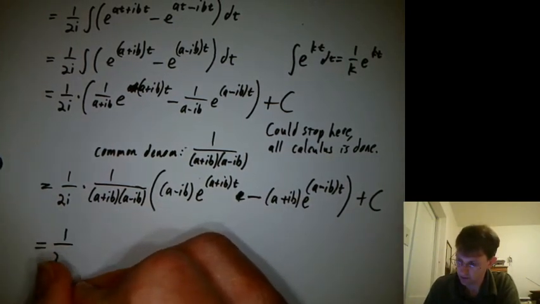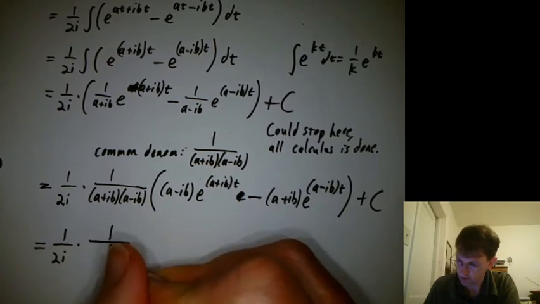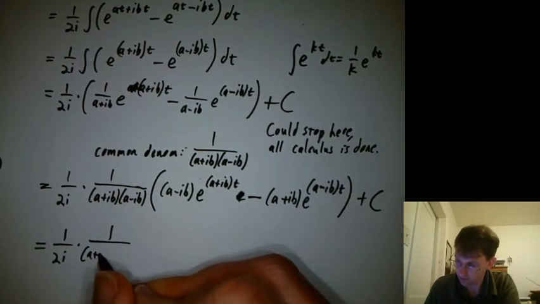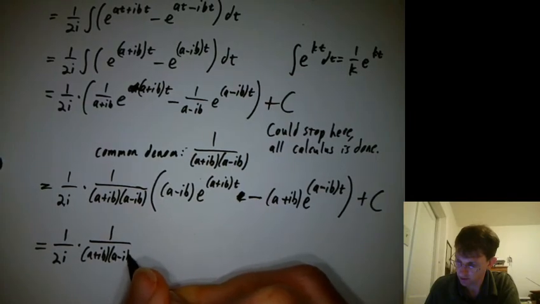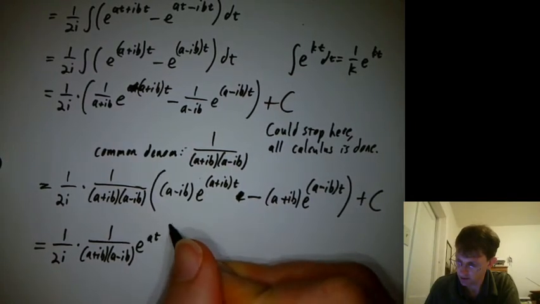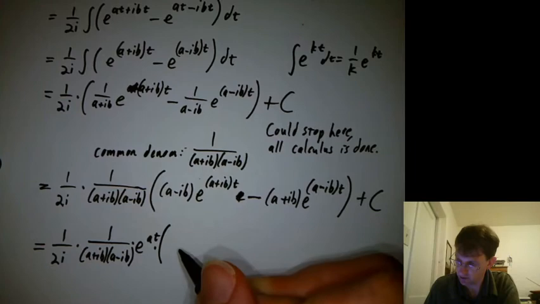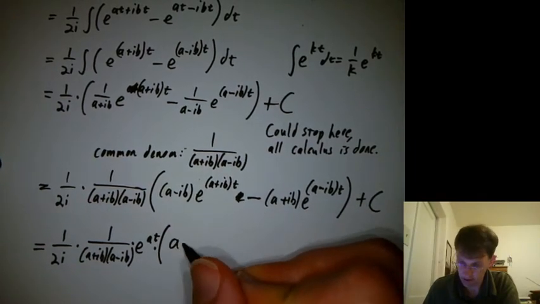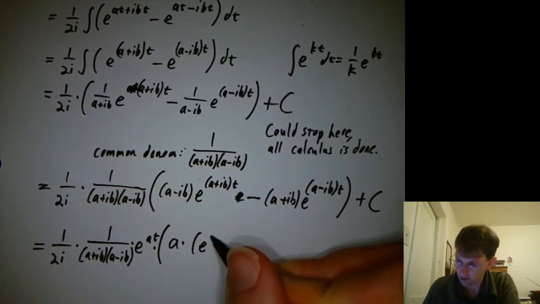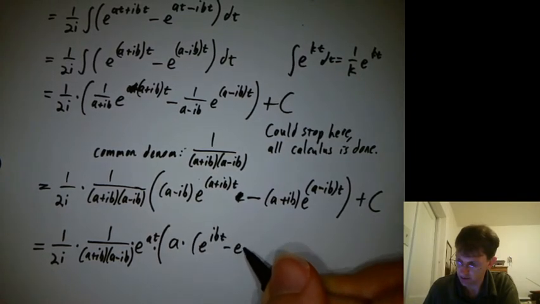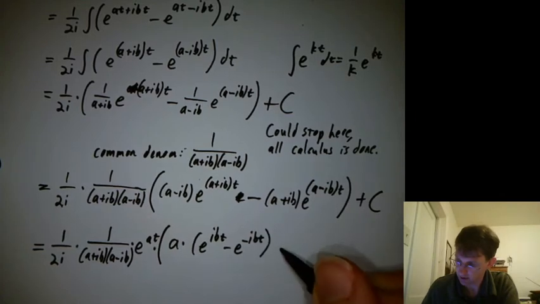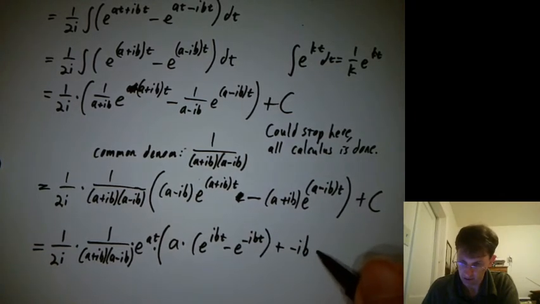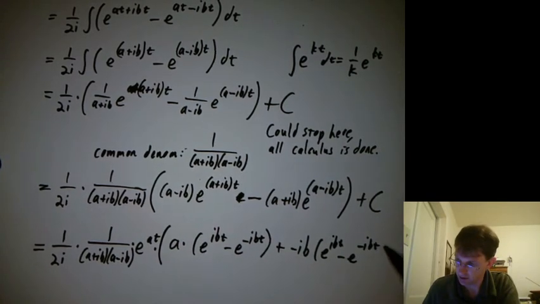So we'll have 1 over 2i times this, a plus ib, a minus ib, e to the at times, and we'll gather the a times this and the a times that, so we'll have a times e to the ibt minus e to the minus ibt, and then we'll have minus ib times e to the ibt minus e to the minus ibt.